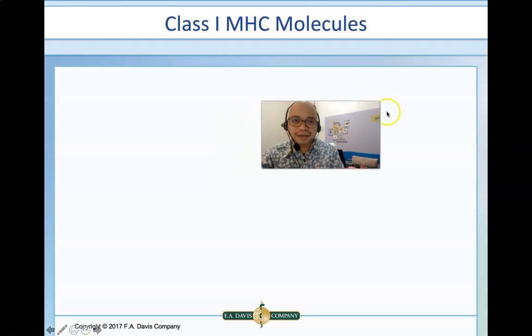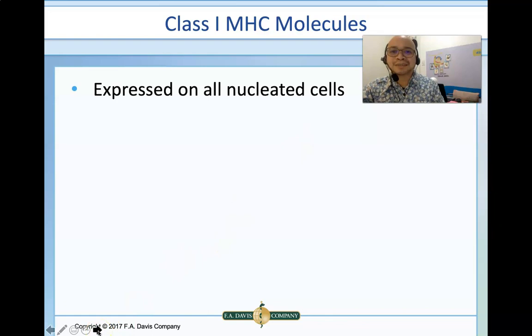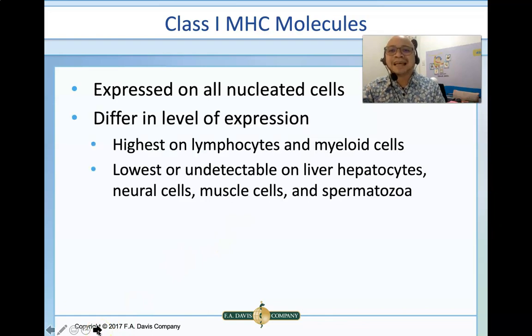Okay, so as previously discussed, class 1 molecules are expressed in all nucleated cells, and they differ in level of expression, which means that the class 1 MHC molecules are highest on lymphocytes and myeloid cells, lowest or undetectable on liver hepatocytes, neural cells, muscle cells, and spermatozoa.